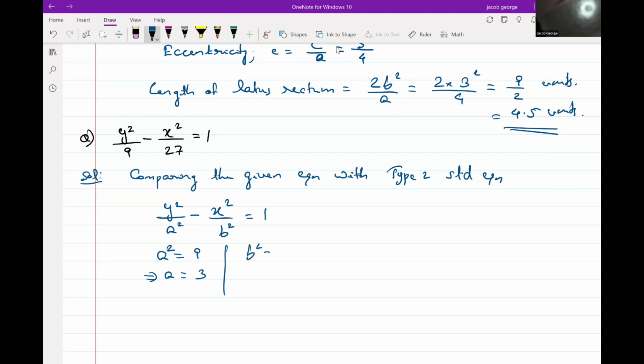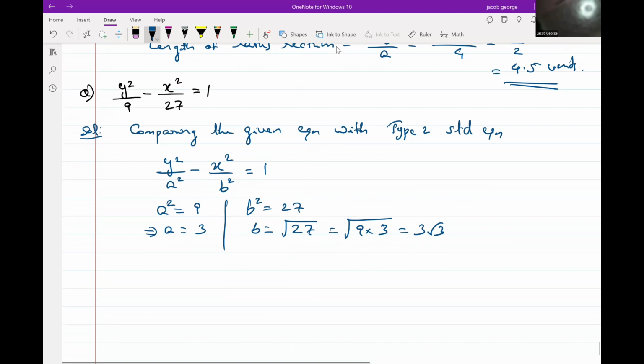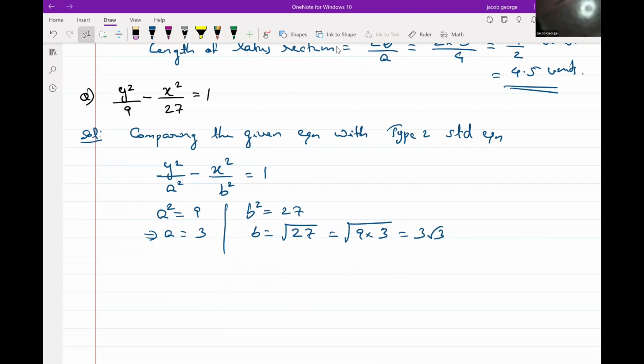Similarly, b square is 27. B is root of 27, that is root of 9 into 3, which is 3 root 3. Is that clear? Then we have to find out coordinates of foci. It is type number 2.